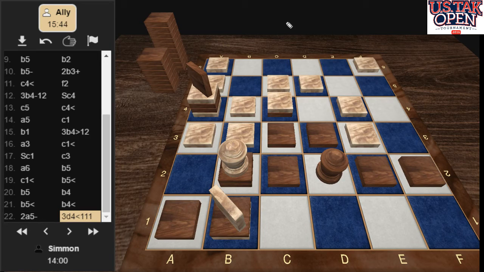Oh, so I was off by 1 tempo on that calculation, but clearly Simmon saw what was really happening. So now we're actually looking at some kind of scary threats from both players here.